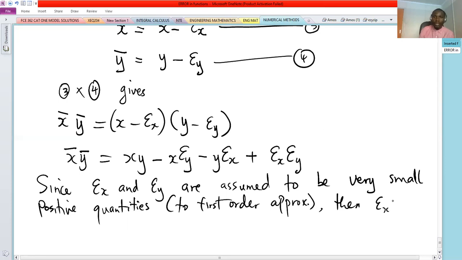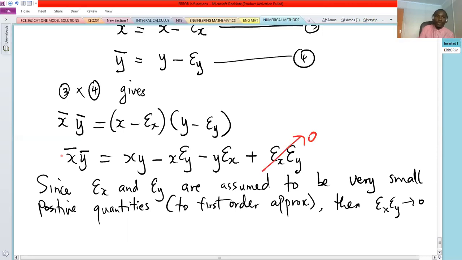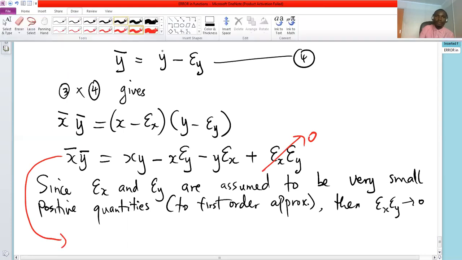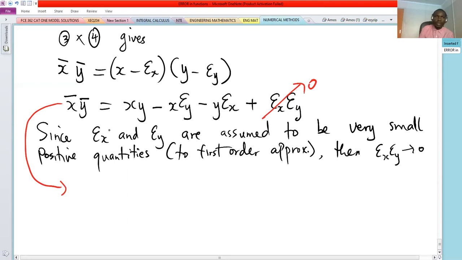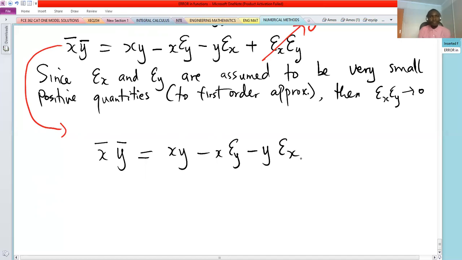So error in x times error in y is 0. So this part is assumed to be 0. Therefore, this will be the approximate value of x times the approximate value of y equals xy minus x error in y minus y error in x.